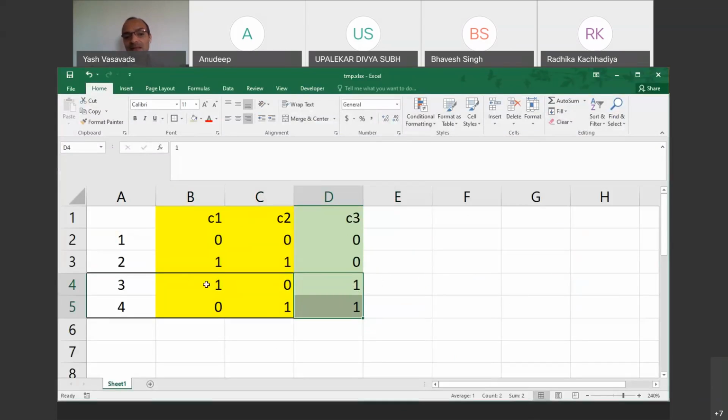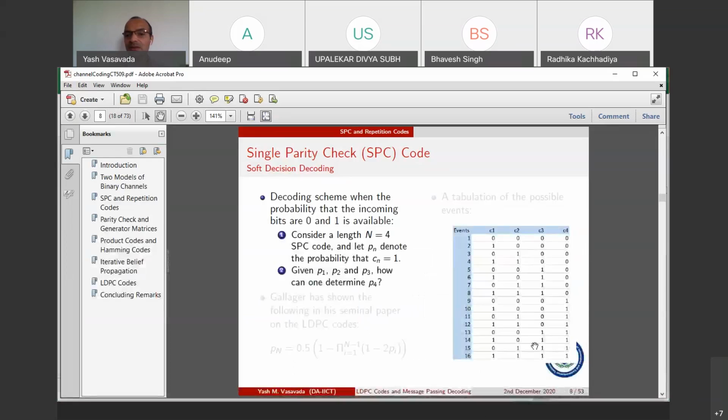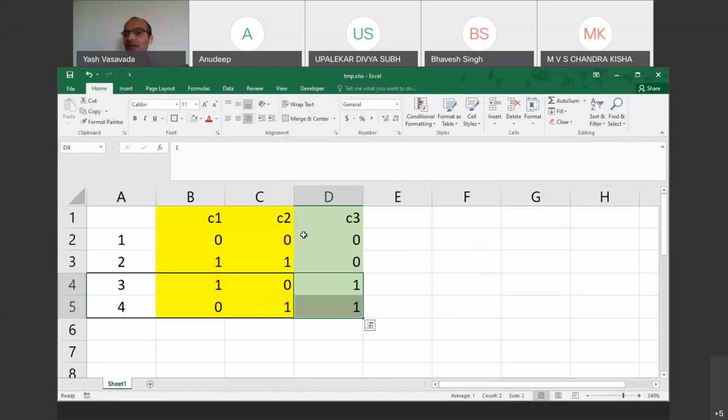In this case, as we saw, it is just P1 times 1 minus P2 plus 1 minus P1 times P2. When we consider, instead of a 3-bit code word, a 4-bit code word, then we will have to pick the 8 rows of this table, which correspond to an even number of ones. And then we would essentially apply the same type of idea.